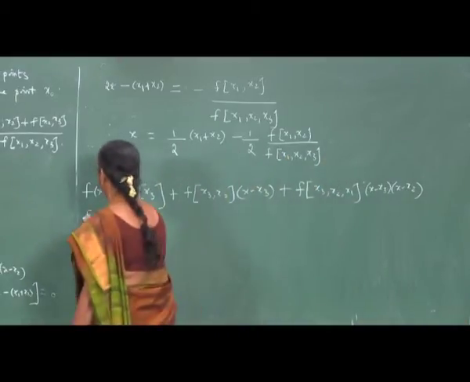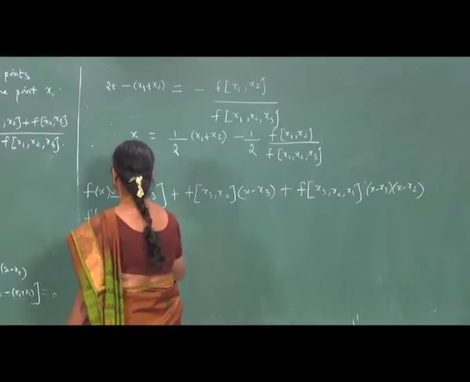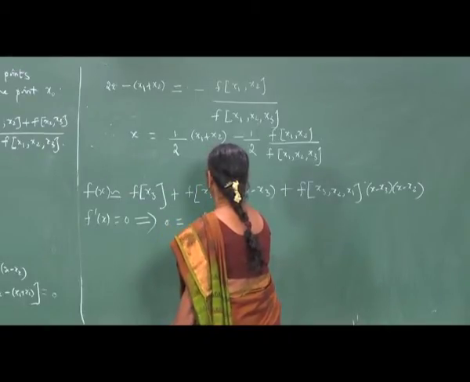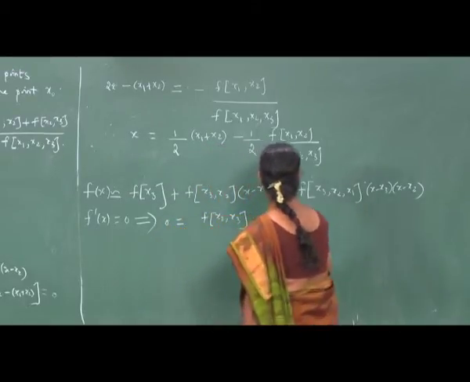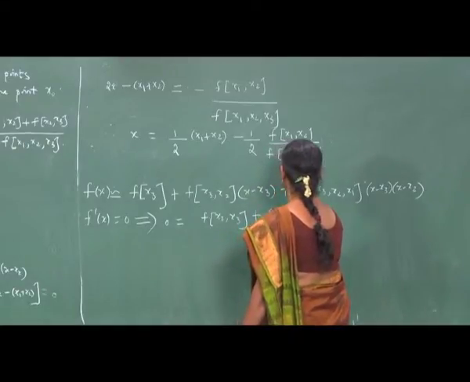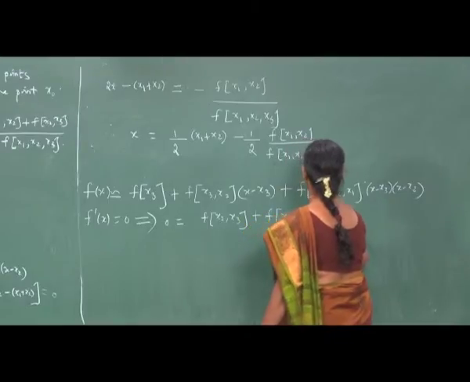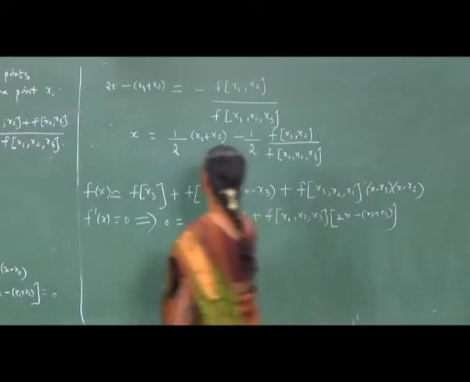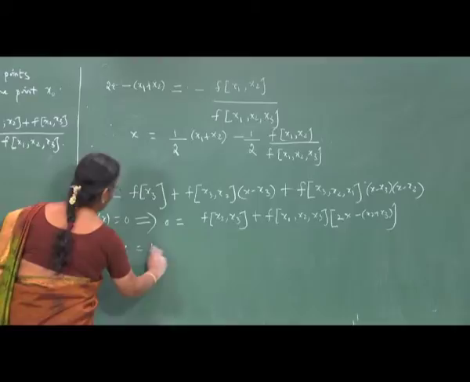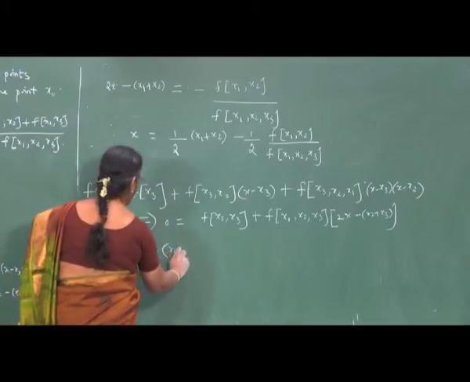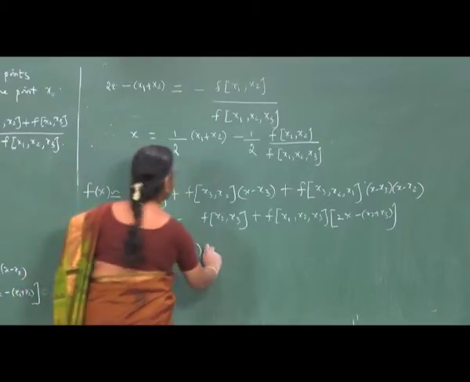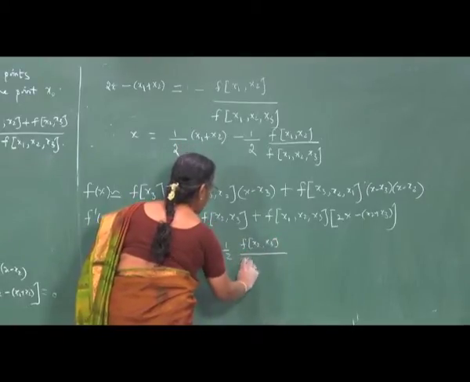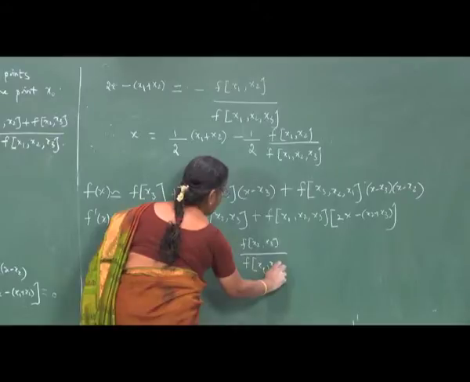So, let us find out. F prime x equal to 0 gives you 0 equal to f of, I can write x3, x2 as x2, x3, then plus f of x1, x2, x3 into again 2x minus x2 plus x3, from which we can get x to be equal to half of x2 plus x3 minus half of f of x2, x3 divided by f of x1, x2, x3.